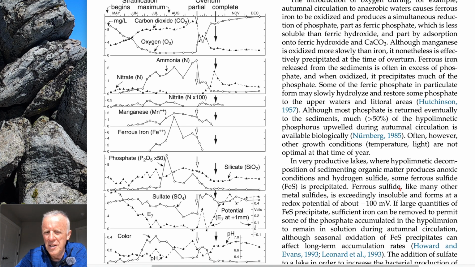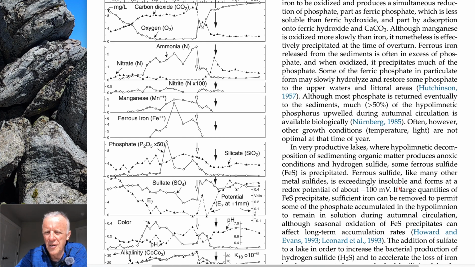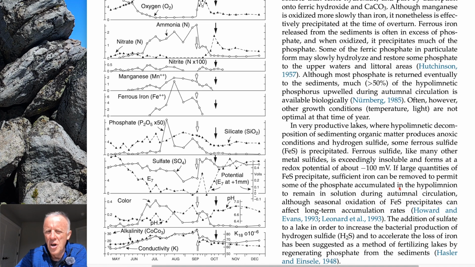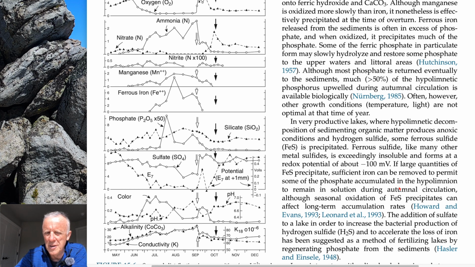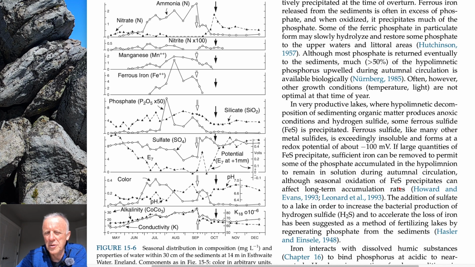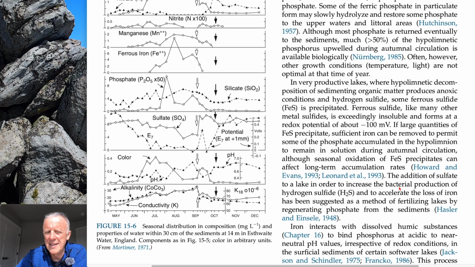Ferrous iron released from the sediment is often in excess of phosphate, and when oxidized, it precipitates much of the phosphate. Some of the ferric phosphate in particulate form may slowly hydrolyze and restore some phosphate to the upper waters and littoral areas. Although most phosphate is returned eventually to the sediment, much greater than 50% of the hypolimnetic phosphorus upwelled during autumnal circulation is available biologically. Often, however, other growth conditions are not optimal at that time of year.